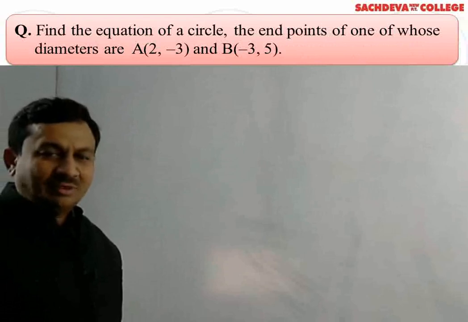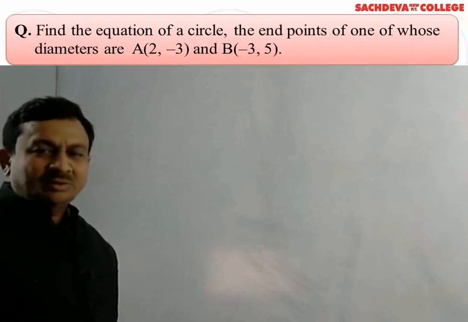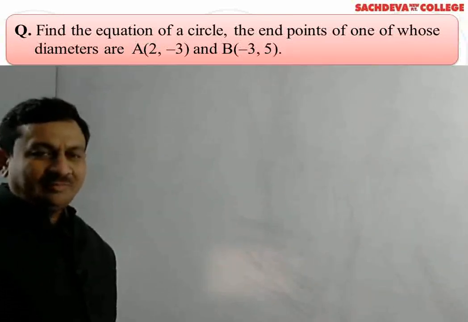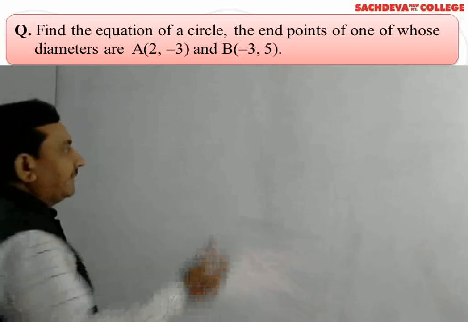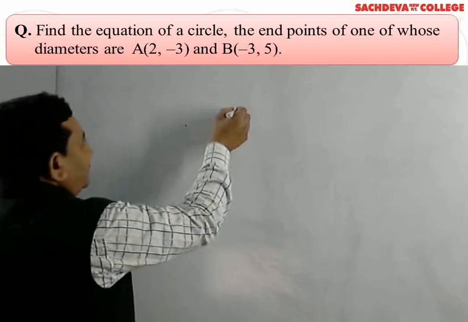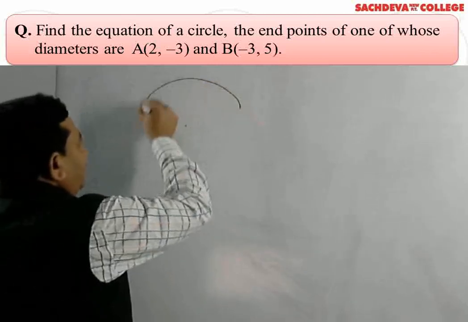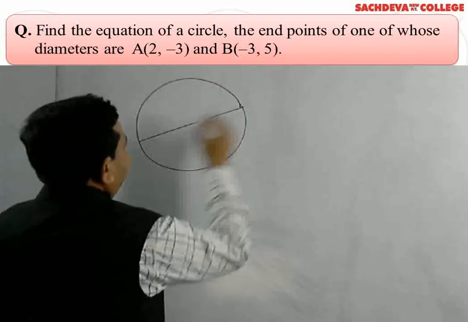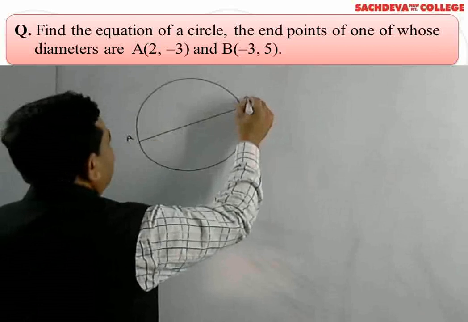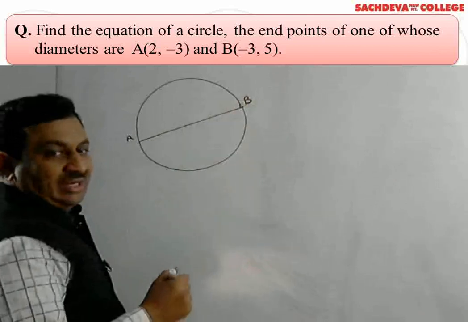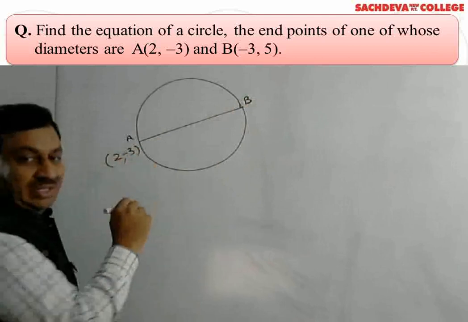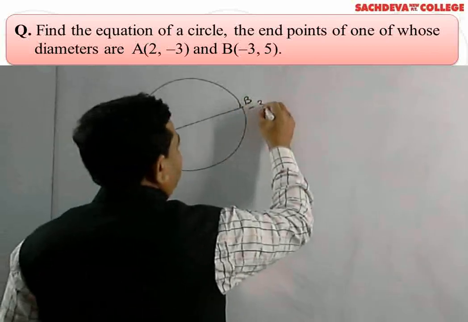Find the equation of the circle, the endpoints of one of whose diameters are A (2, minus 3) and B (minus 3, 5). So given that the endpoints of the diameter of a circle are A and B, where A is (2, minus 3) and B is (minus 3, 5).